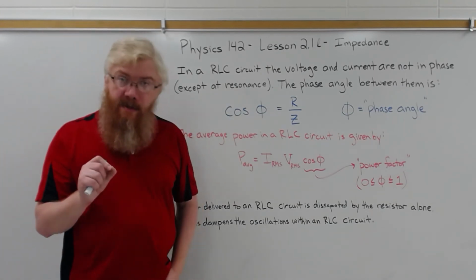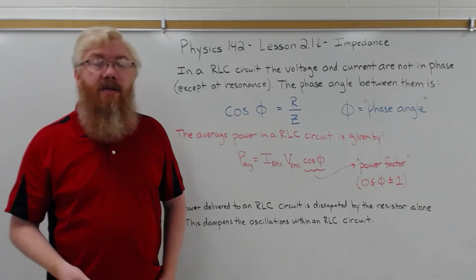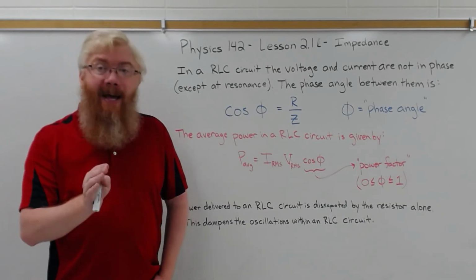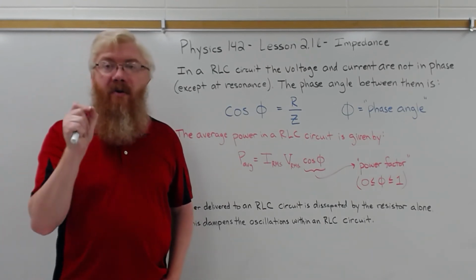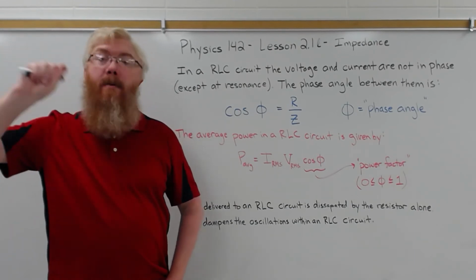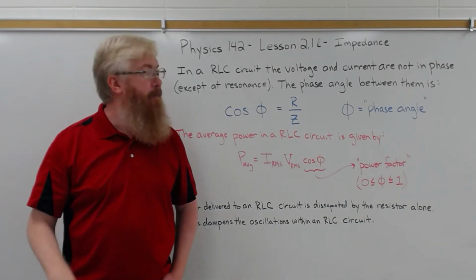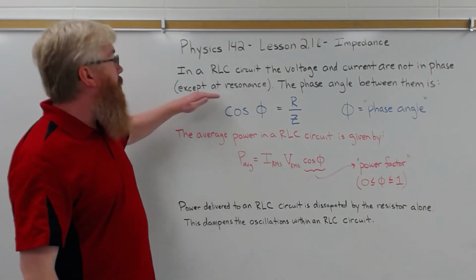At the resonant frequency, you get the maximum current out, and the voltage and the current are in phase with one another, which means that when the voltage peaks, the current peaks. When the voltage is zero, the current is zero, and so on. This only occurs at resonance.